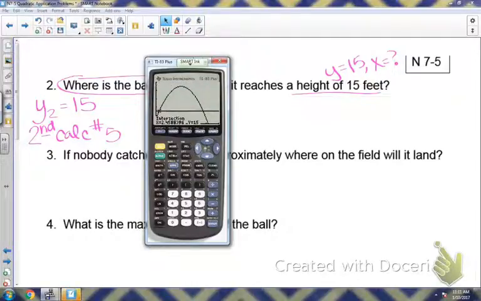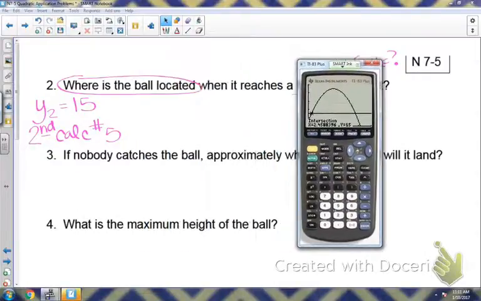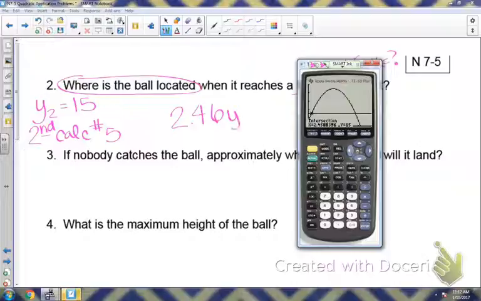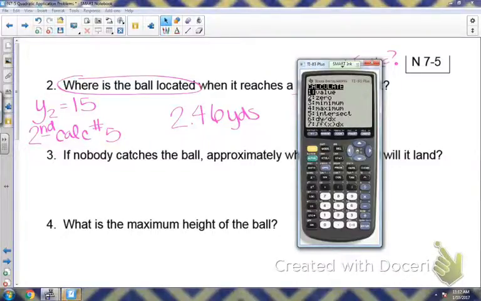And then it should tell you your x when y is 15. So that would be at 2.46 yards. And then there's another one. So second calc intersect. Move over to the other one. This is not very fast.